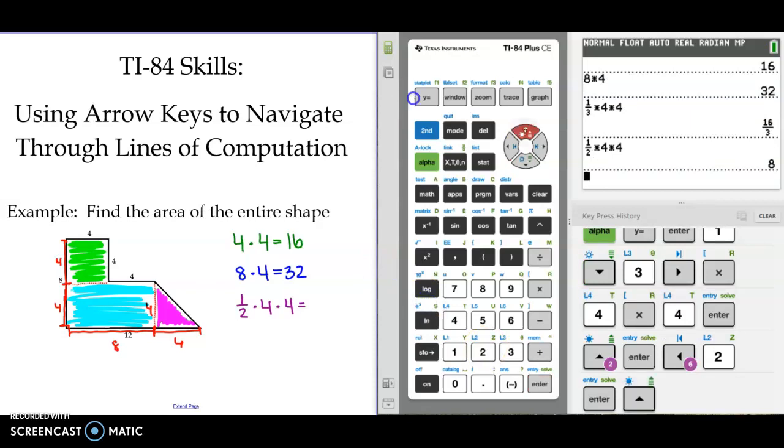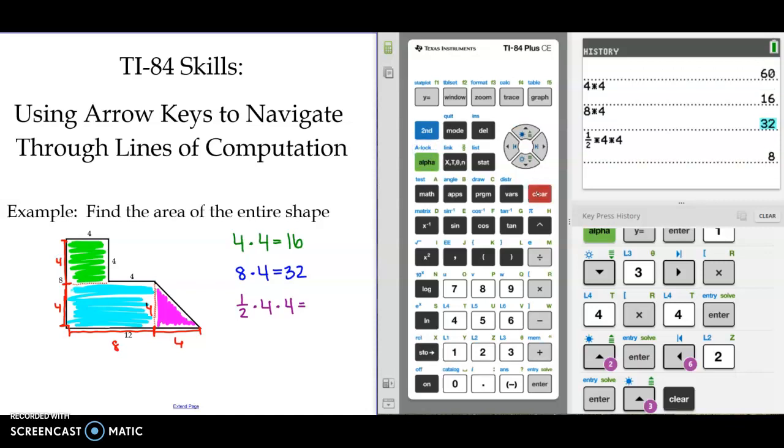Now maybe I want to just go ahead and totally get rid of that line that was a mistake, just so I don't look back up and confuse myself. You can arrow up to it and hit the clear button. It'll totally remove that line for you. So now I can see the 3 correct calculations that I intended, gave me the 16, the 32, and this last one is 8.